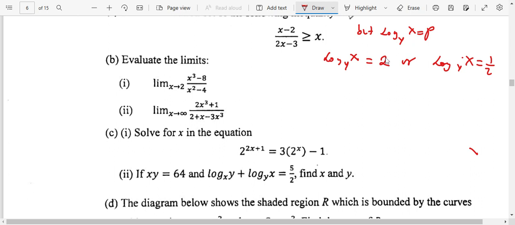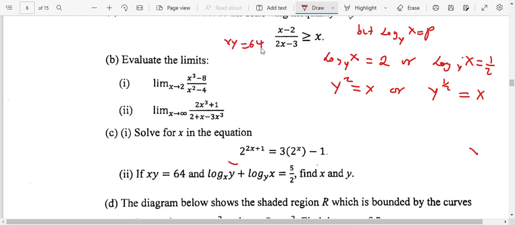So this is going to become y is the base, so that will be y to the power 2 is equal to x. And then here, y is still the base, that will be y to the power half is equal to x.